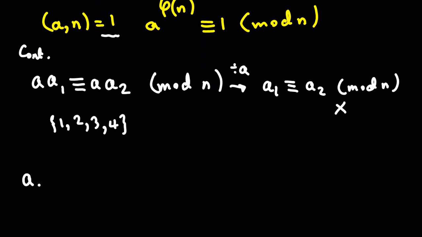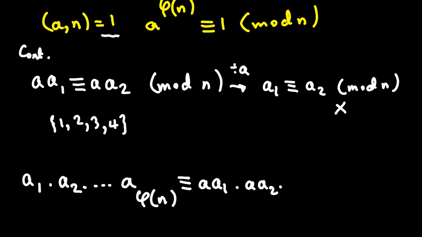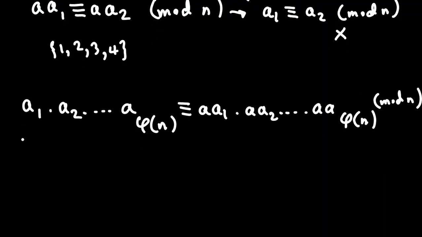You say a1 times a2 times to a phi of n is congruent to aa1 times aa2 times aa phi n, mod n. And then we can conclude what? We say, okay, the first part is a1 times a2, exactly like for 5 we proved.